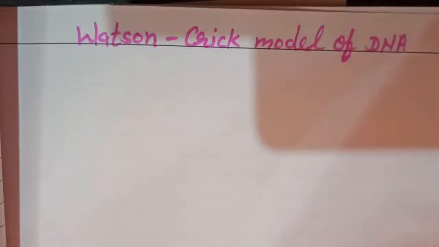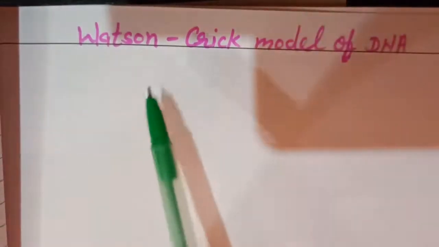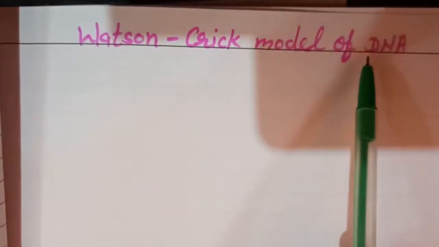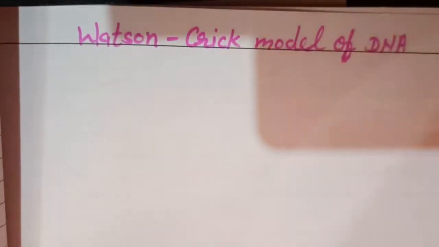Now we have discussed the basic structure of nucleic acid, okay, but a variety of secondary structures are possible in nucleic acid. So one of the secondary structures we will do here, which is commonly exhibited by DNA. Okay, so here we will do the Watson-Crick model of DNA. That is a secondary structure of nucleic acid, you can say.